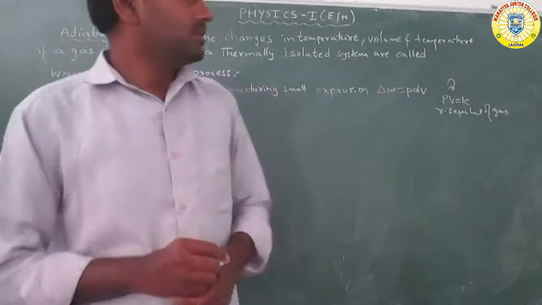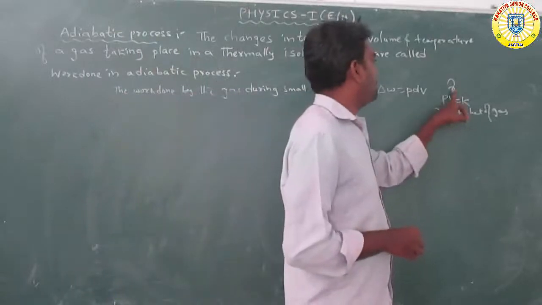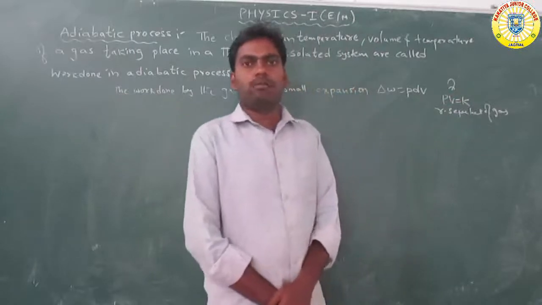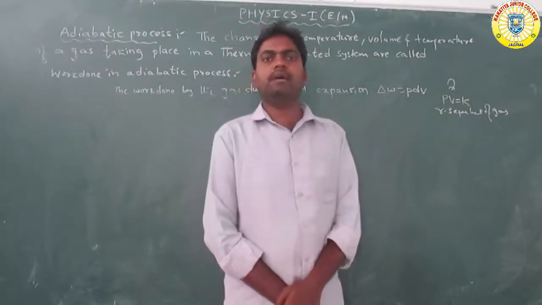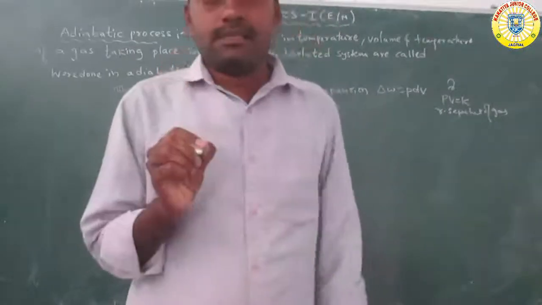Now PV to the power of gamma is equal to a constant, where gamma is the ratio of the specific heats of the gas.